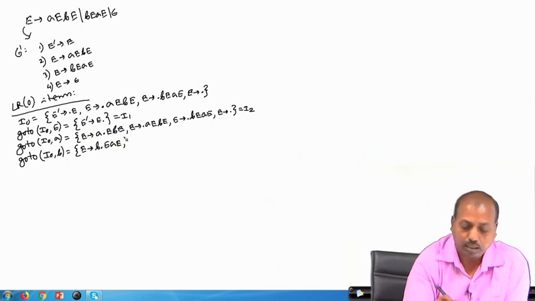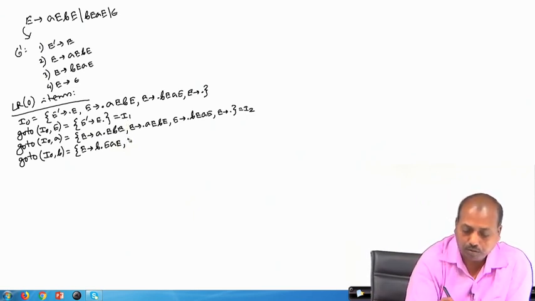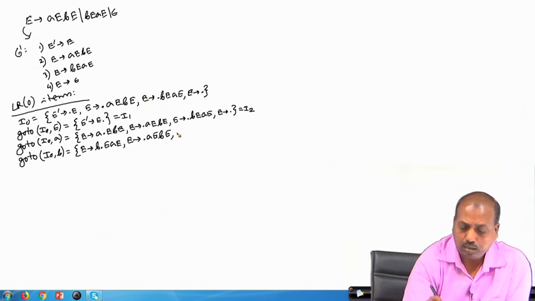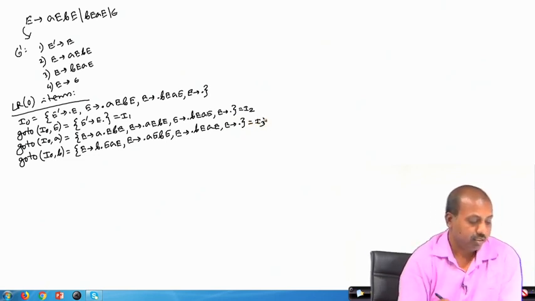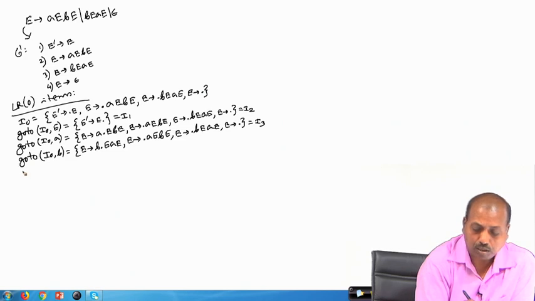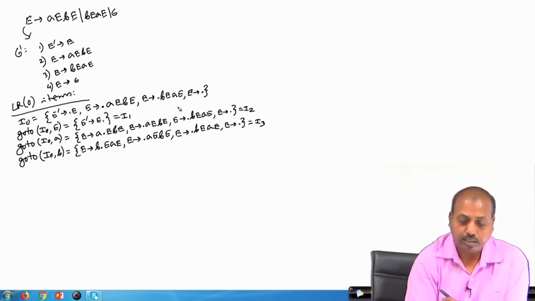Then since dot is coming before E, all those rules will come again: E producing dot A E B E, E producing dot B E A E, and E producing dot. So that will be the set I3. Now, I0 we have finished.